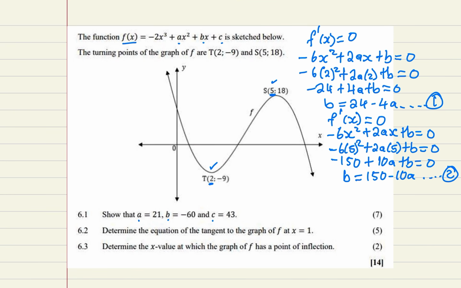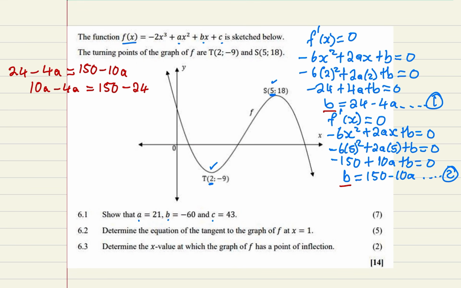Then we can see b equals b, hence we can equate the 2. So we have 24 minus 4a equals 150 minus 10a. Then we group: take 10a to the other side, so 10a minus 4a equals 150 minus 24.